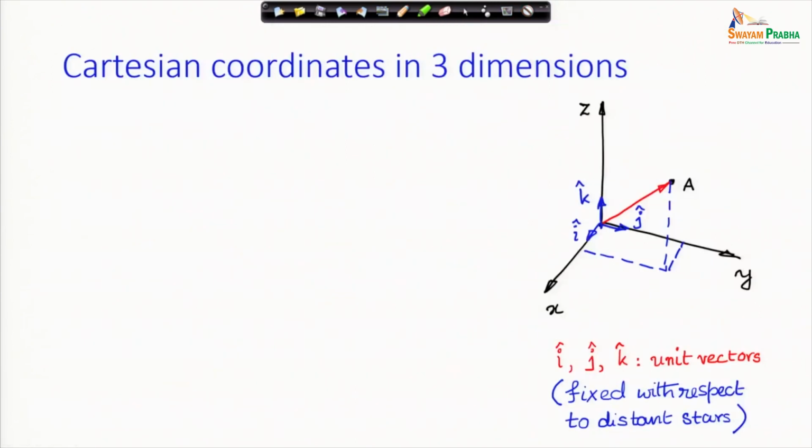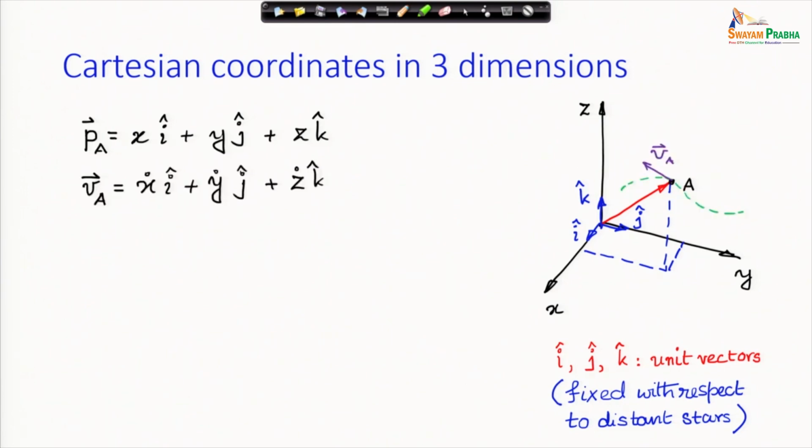Next, we move to coordinate systems in 3 dimensions. This is the Cartesian coordinate system, which is straightforward. Again, I cap, j cap, k cap are unit vectors which are fixed with respect to distant stars. So, the position vector is x I cap plus y j cap plus z k cap. I differentiate this to get my velocity x dot, y dot, z dot.